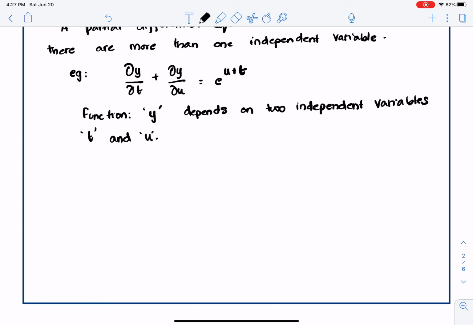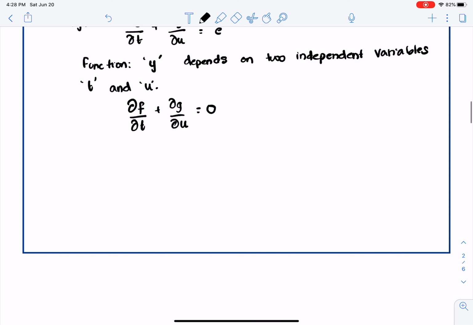And as I mentioned earlier, we could have two functions in a differential equation, and those two functions can depend on more than one independent variable. As an example, we could have the partial of f with respect to t plus the partial of g with respect to u equals 0.